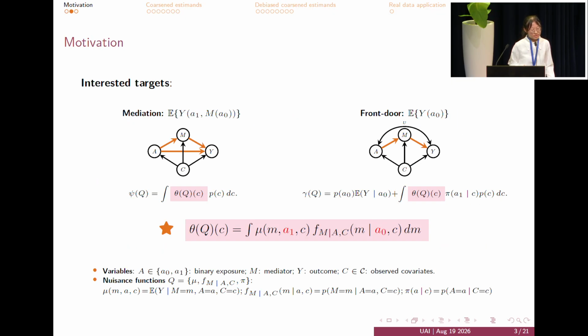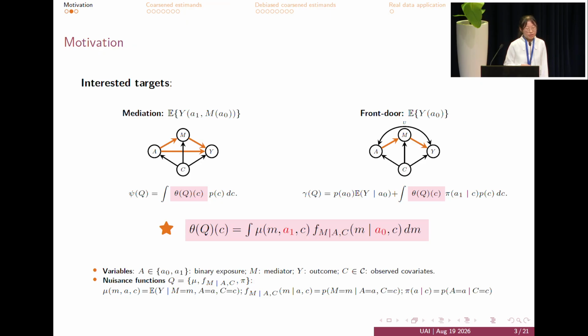Now, let's start by looking at the original target. Let me introduce you to common causal settings. Assume we have one binary treatment with two levels, A0, A1, one mediator, one outcome, and the covariates. Then we use Q to collect all the nuisance functions. If you are interested in the mediation effect, you can look at the left model.